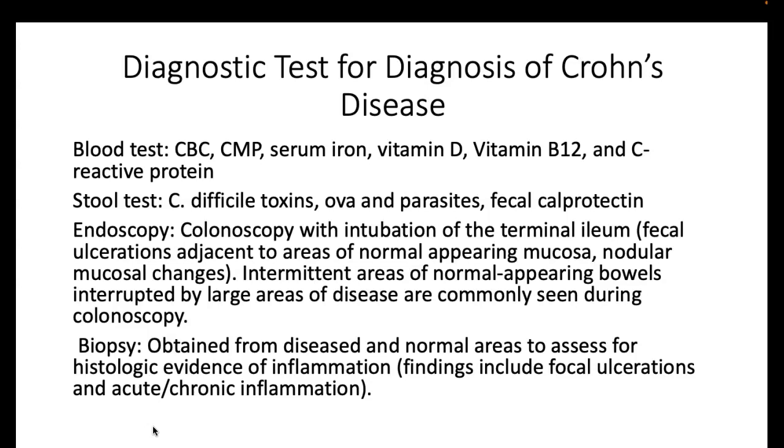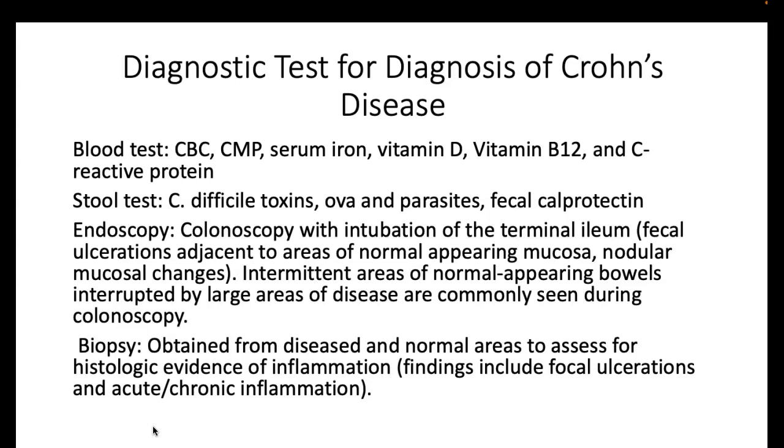The capsule endoscopy is a pill that they swallow, and it looks at the small intestine so we can see if there's any bleeding, any Crohn's disease in this case, in that area. They also order stool tests such as C. diff, ova and parasites, and fecal calprotectin, which is the same as ulcerative colitis, and I see these tests ordered often.